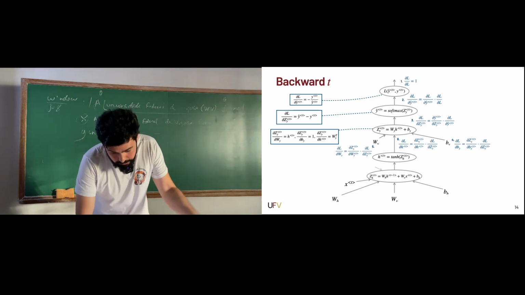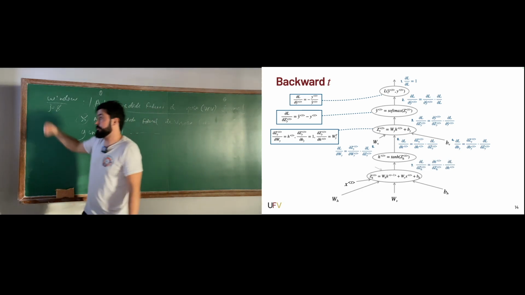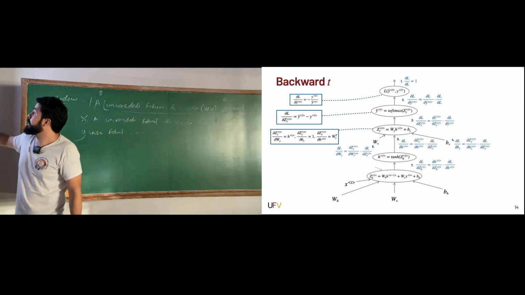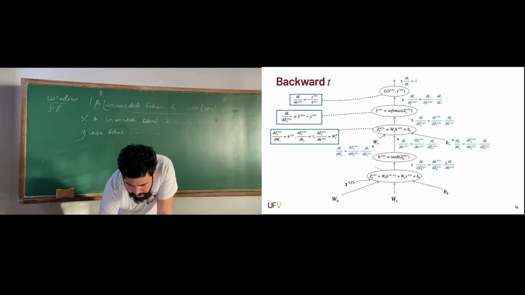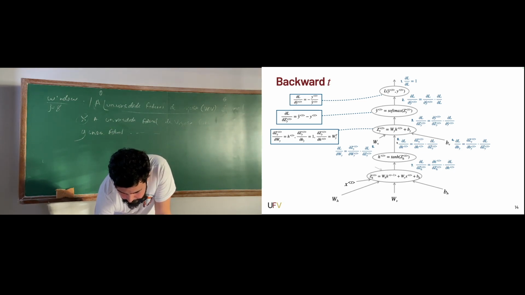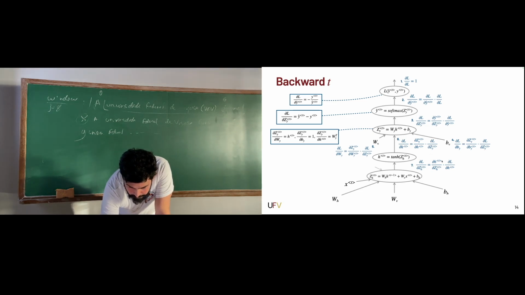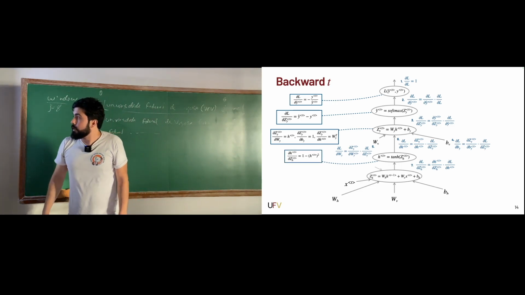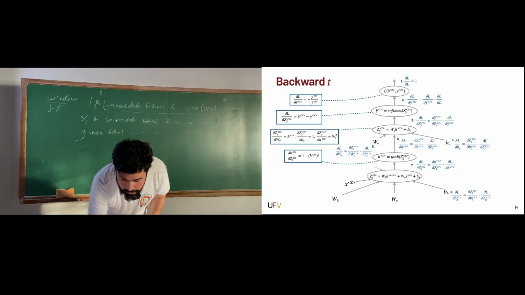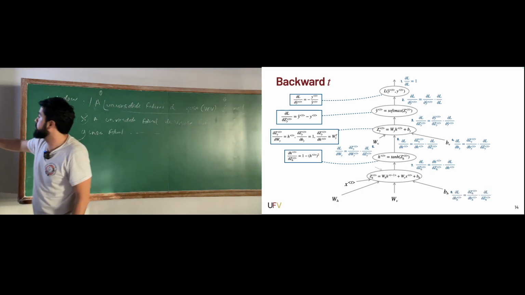And now, the 7th step is, again, we're going down, right? So chain rule again. This partial derivative here comes from here, right? And now I need this local gradient dh_t/dz_ht, which is this, okay? And now I'm at the end.